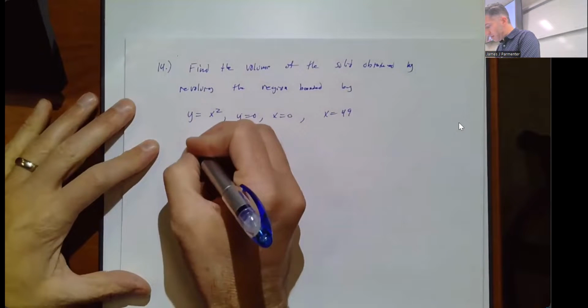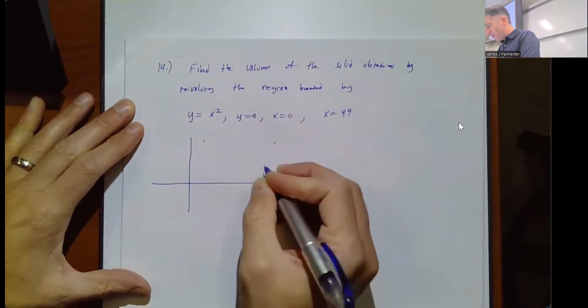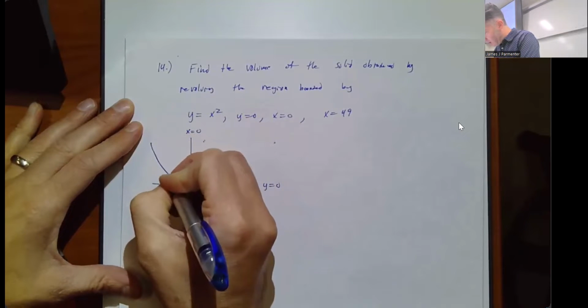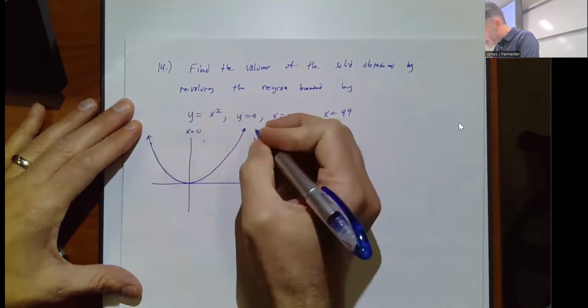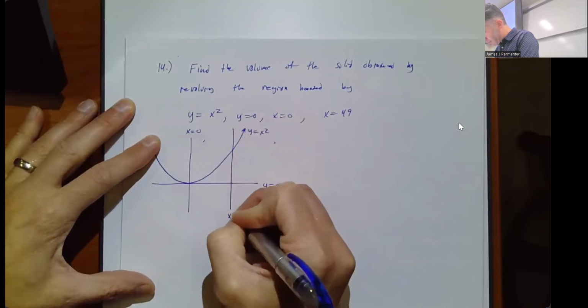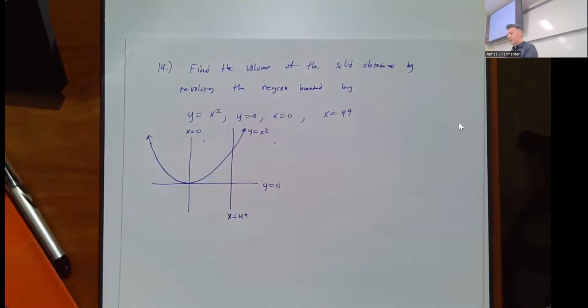We draw this. Here's my usual coordinate system. And right here's y equals 0. Here's x equals 0. Here's y equals x squared. And here's x equals 49. And I feel like the problem here is that x equals 0 isn't really one of the boundaries.